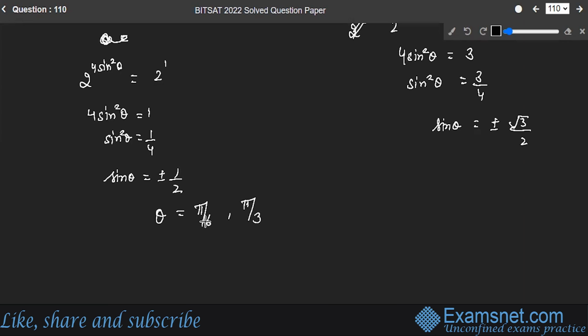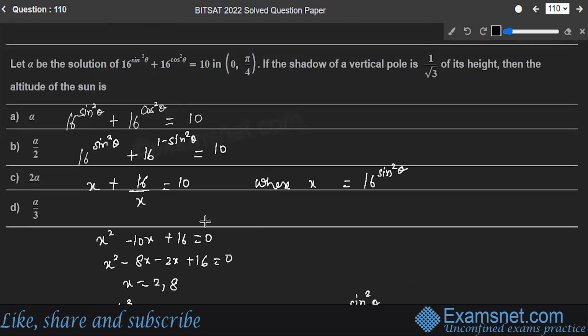Now let's get back to the question. What we needed to find was, if the shadow of the vertical pole is 1 by root 3 of the height, then the altitude of the sun is. Let's make a figure. So here, let's say this is the location of the sun, which is denoted by P. This is O and this is A. This is theta, and obviously it's making a 90-degree angle.